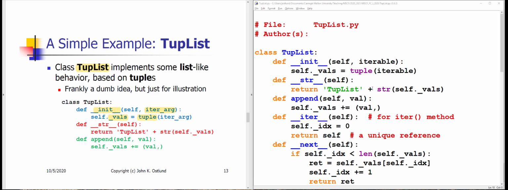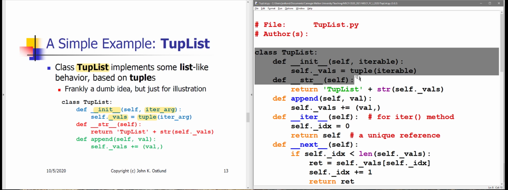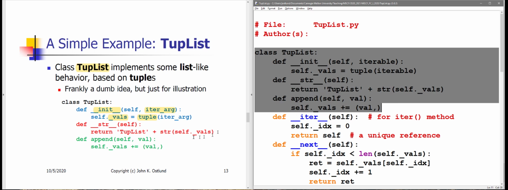Okay, so here on the right side, I've got my tuplist.py program file with the first part of the definition of the TupList class. And here we have the dunder_init and the dunder_str functions being defined. Let me just copy and paste the part of the code that's shown on slide 13 into my interactive shell so that we can demonstrate what's going on with that code.